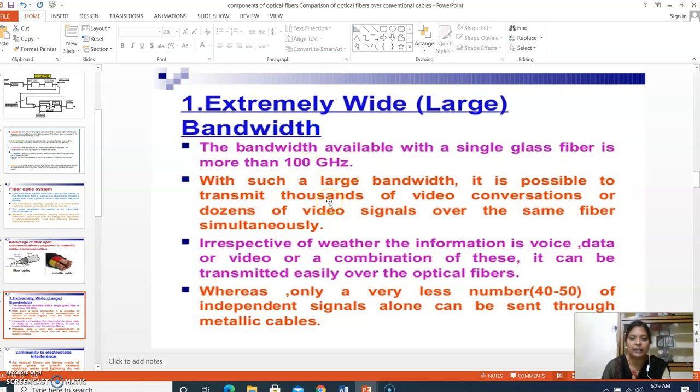With such a large bandwidth, it is possible to transmit thousands of video conversations simultaneously. Irrespective of whether the information is voice or data or video or a combination of these, it can be transmitted easily, whereas only a very small number of independent signals can be sent through metallic cables. So these are the comparisons based on bandwidth between optical fiber and metallic cables.